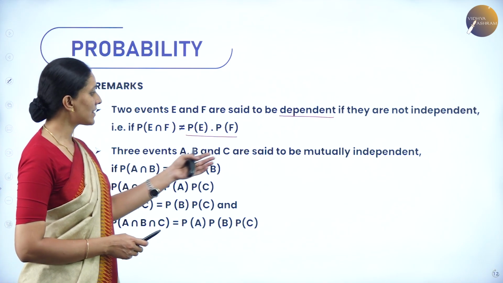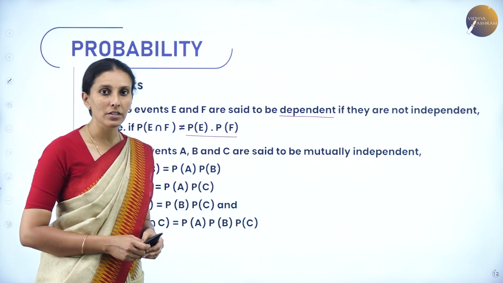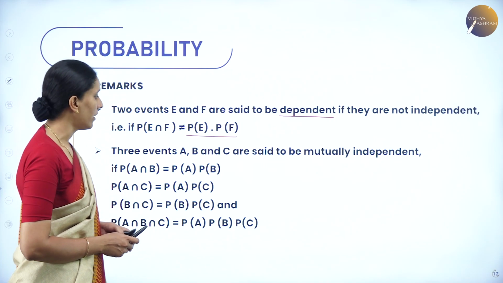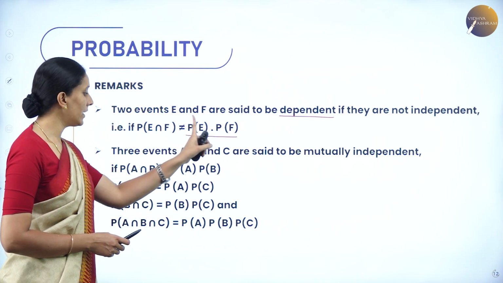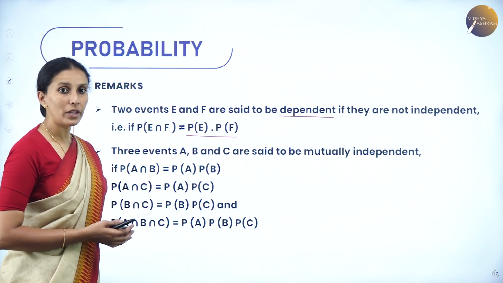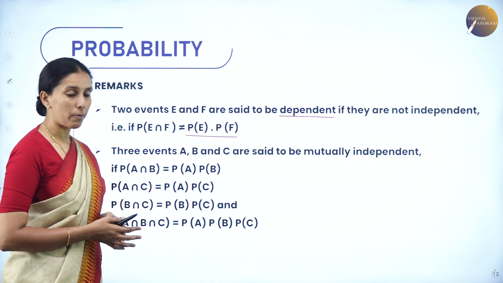Now, we can also extend this concept to three events which are mutually independent. That means A intersection B, B intersection C and A intersection C will be equal to the product of their respective probabilities.